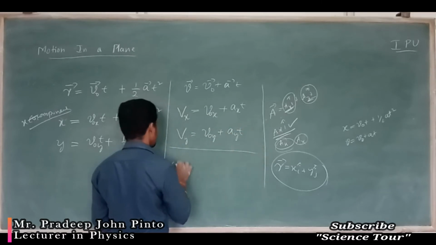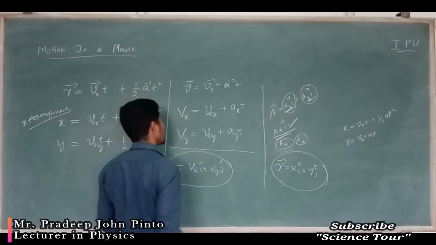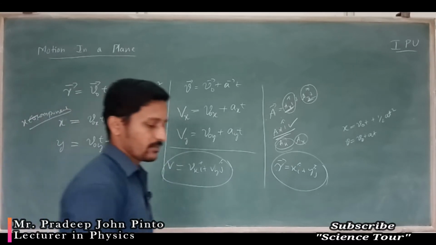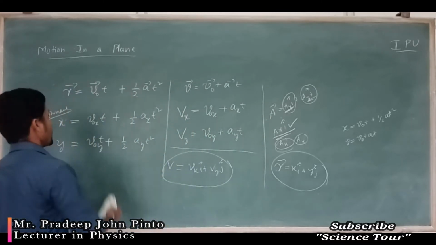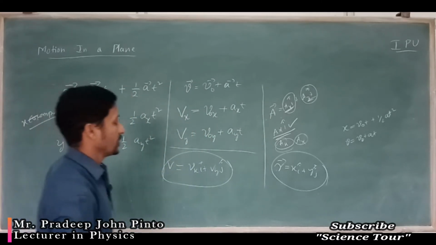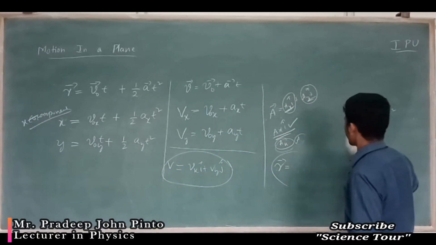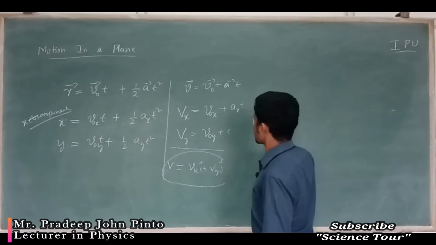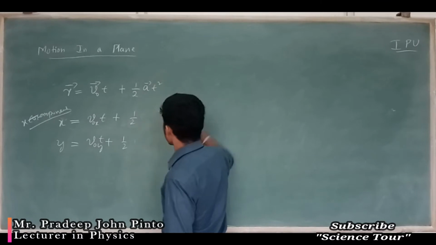Because velocity means what you have written, vx i cap plus vy j cap, together both have components, an x component and a y component. That's why equations also we can write in this form and divide into components. That is one.